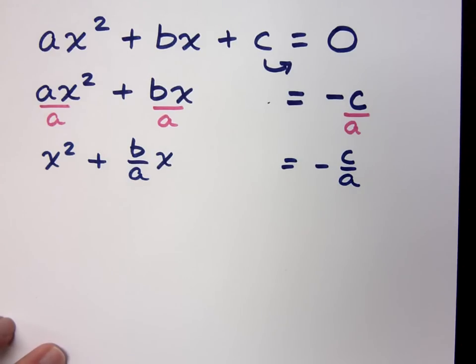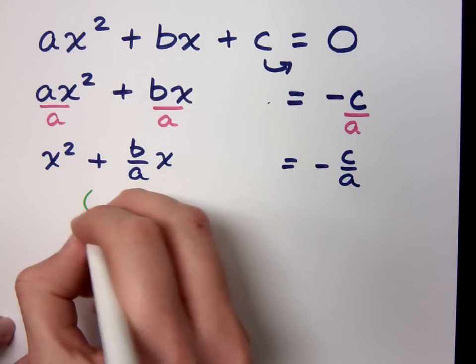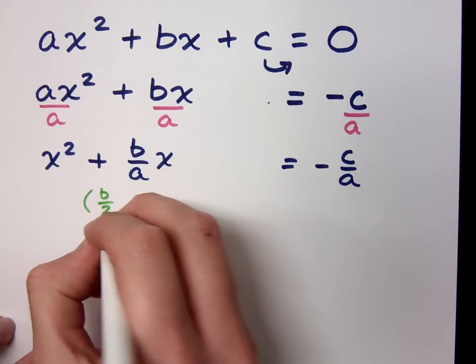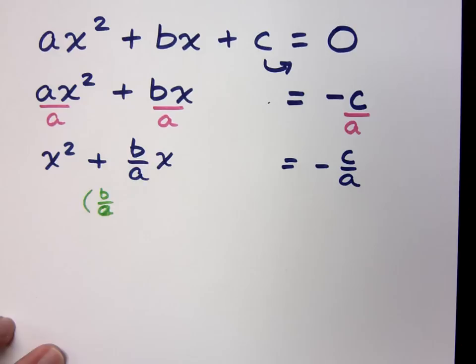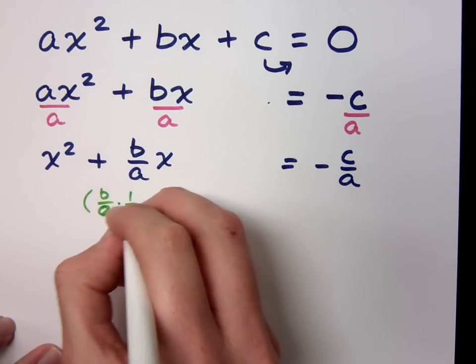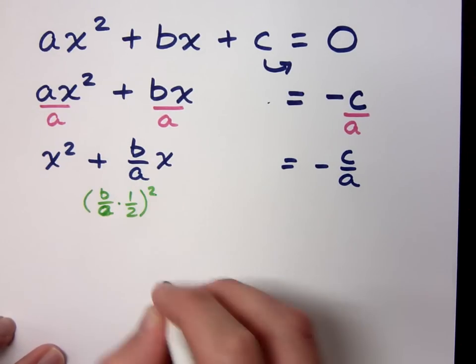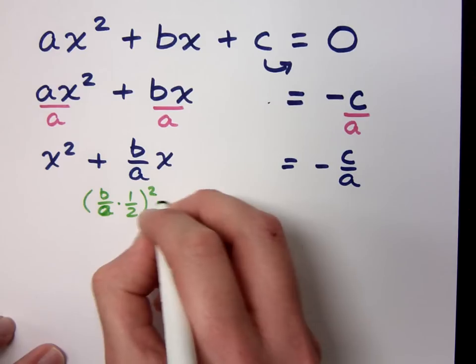Now the next part of completing the square is where we have to divide by 2 and square it. So really what you're doing is you're taking this right here, and we're going to divide it by 2. And really what we want to do is multiply times 1/2, and we're going to square that result. And that's what we have to add to both sides.